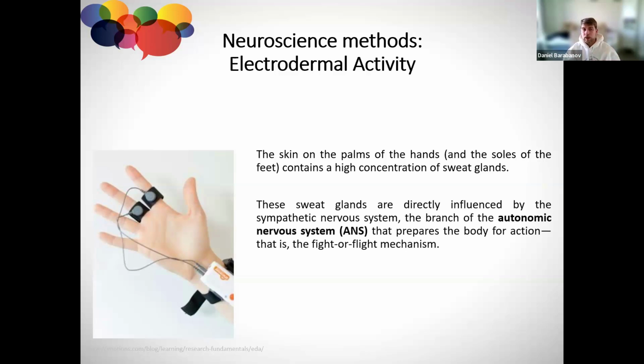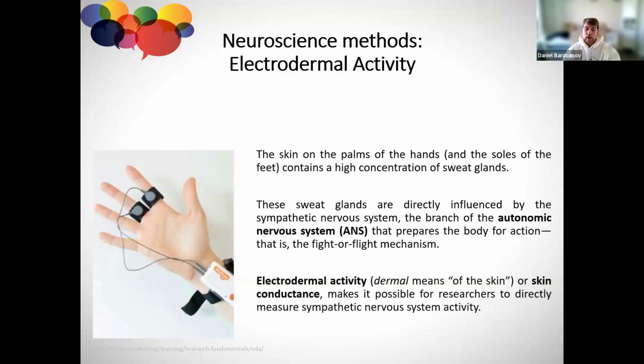So this electrodermal activity technique basically detects the level of activation through the electrodermal activity of your skin. Basically, this device can show either a person stressed and activated or relaxed.